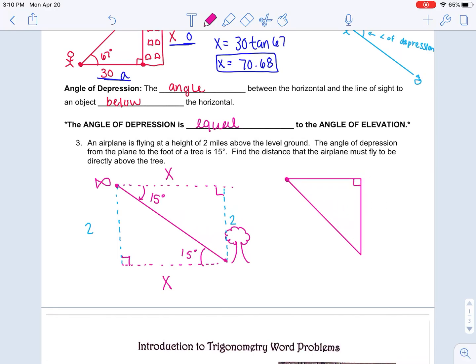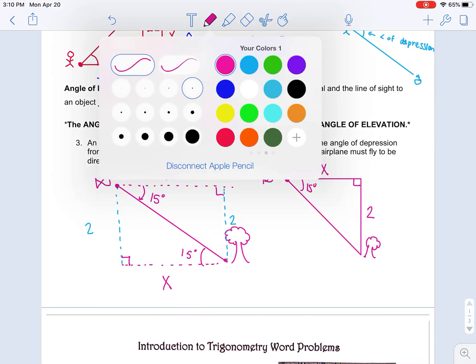So that's my right angle. This one's my airplane. The angle of depression was 15 degrees. We know the height of the airplane was 2 miles. This is the base of my tree. And this is what I'm looking for.